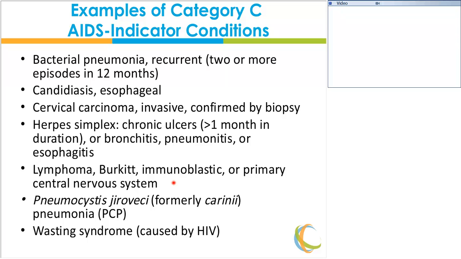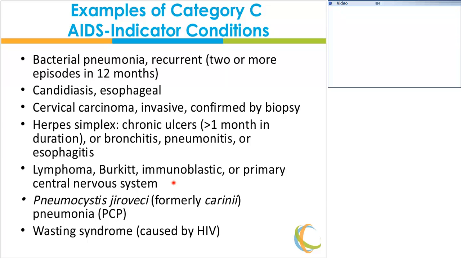I wanted to point out that there is a pretty good frequency of non-Hodgkin's lymphoma and other B-cell lymphomas that occur in our patients regardless of their CD4 cell count. But I wanted to emphasize that even though somebody may have a CD4 count of 600 and come down with non-Hodgkin's lymphoma, that is not an AIDS-defining illness.